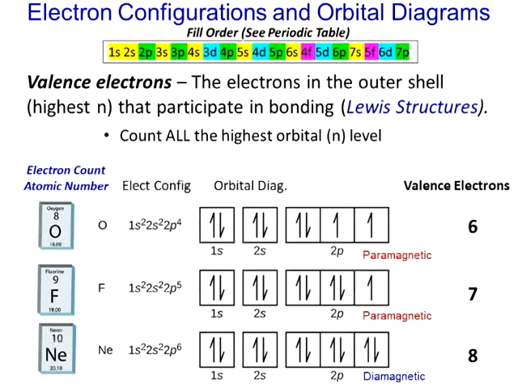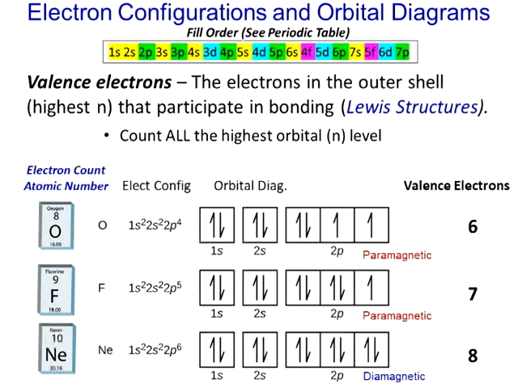You simply count all the electrons in the highest orbital. Whatever the highest orbital in value is, count those electrons, and that will equal your valence electrons. It will also equal the electrons available for drawing Lewis structures, which you will learn later.